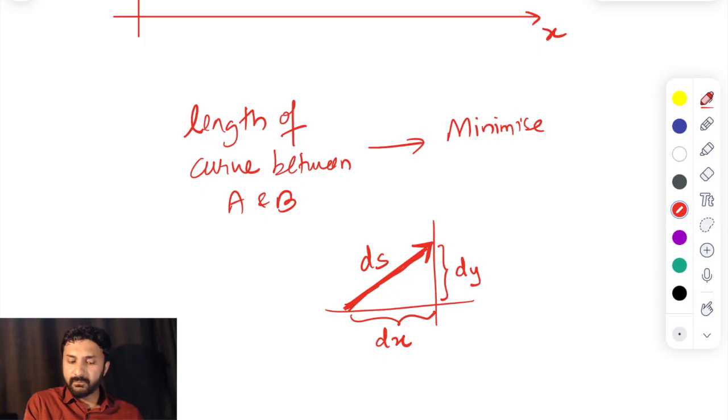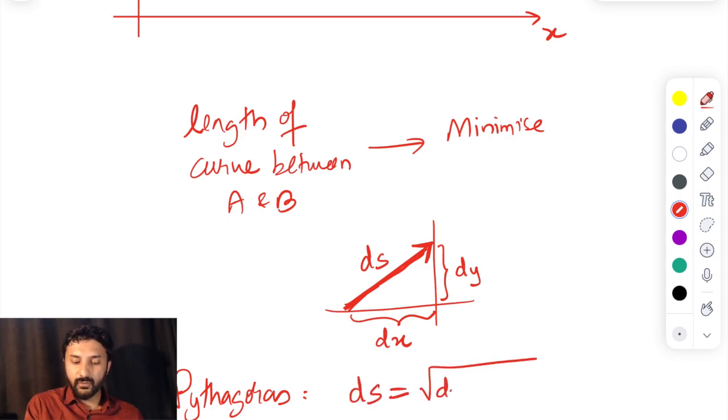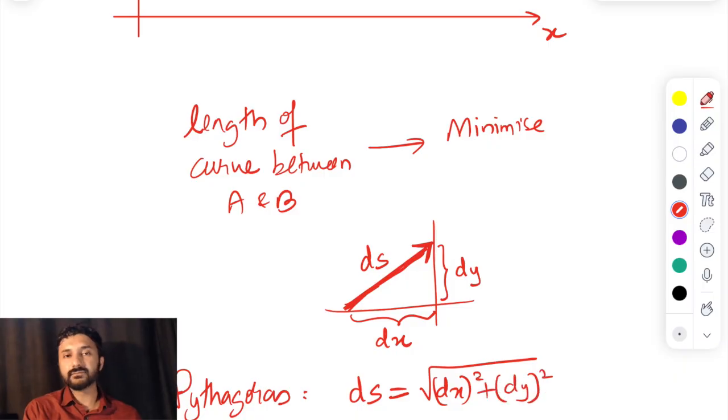So therefore, from Pythagoras' theorem, we can write down ds as the square root of dx squared plus dy squared. This is a simple application of Pythagoras' theorem, because there's a right angle triangle here, and so these two displacements dx and dy combine in this way to give us the resultant displacement ds, which, remember, is only a tiny part of the actual path that connects the two points A and B.